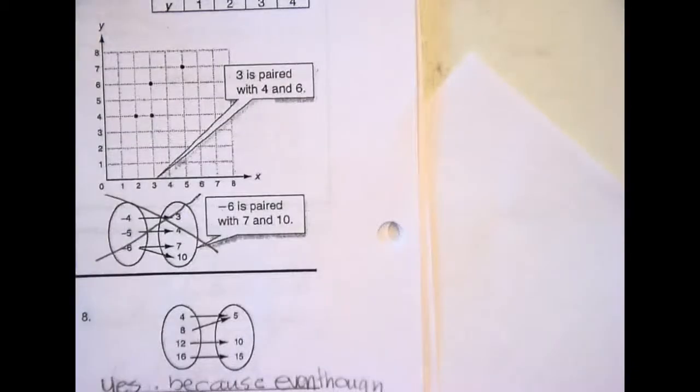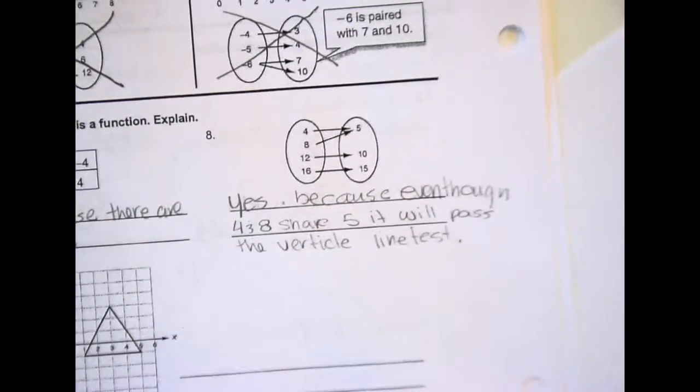Abby's got number 8. Number 8 is a function because even though 4 and 8 share 5, it will still pass the vertical line test because they have different x values.